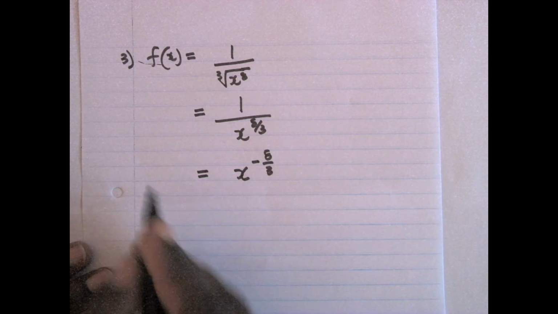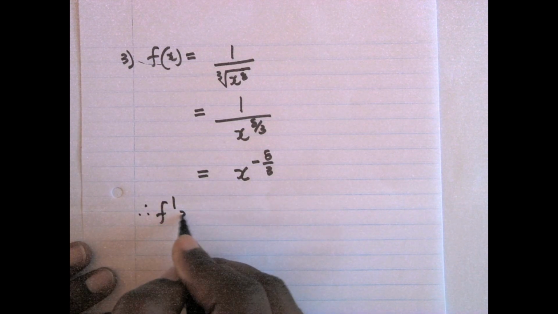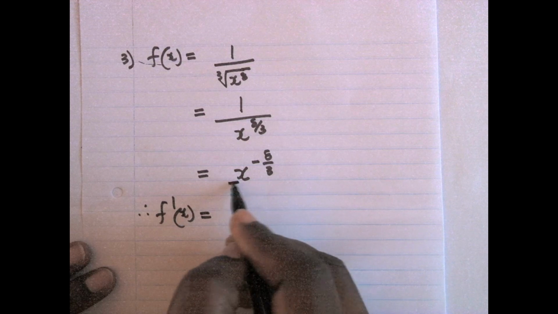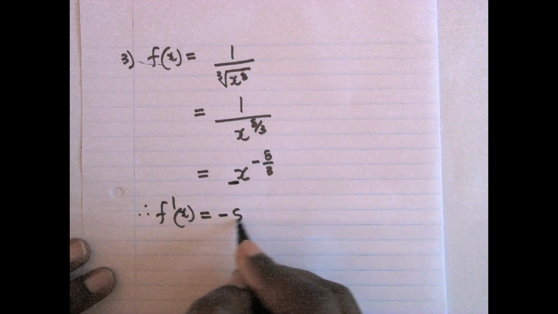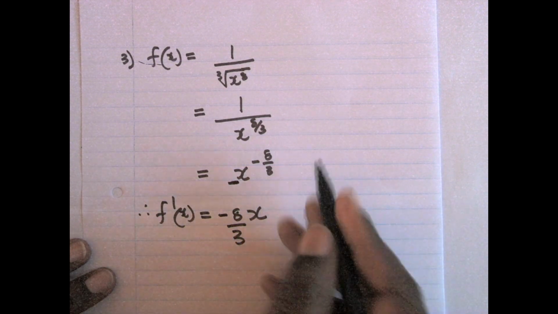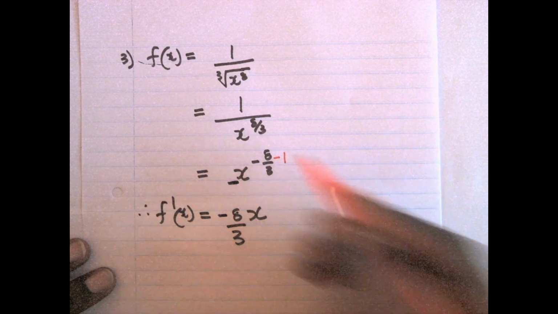Then I can start my process now. I can write, therefore, the first derivative of f of x is equal to, what is the coefficient here? It's an invisible 1, and if I multiply there, I'm going to get negative 8 over 3 x to the power of, and remember what we said, this must reduce by 1. So I'm going to subtract 1 here.